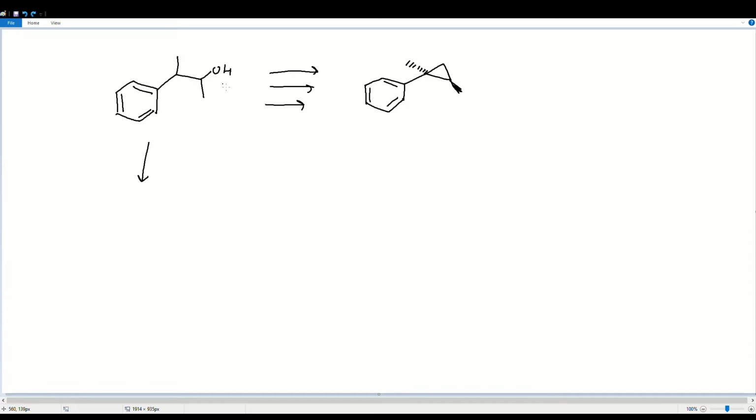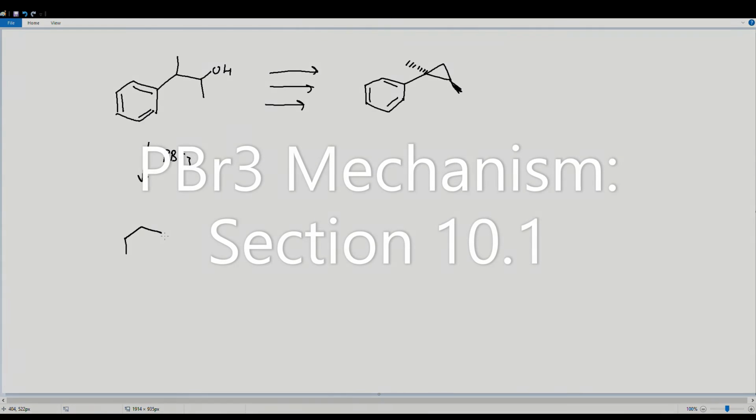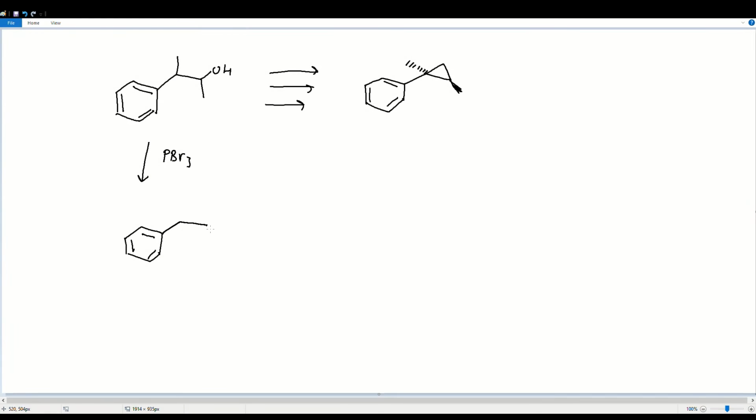So I'm going to turn this into something that I could perform E2 on by adding PBr3. Okay, so this adjusts my starting molecule into one with a halogen instead of an alcohol.